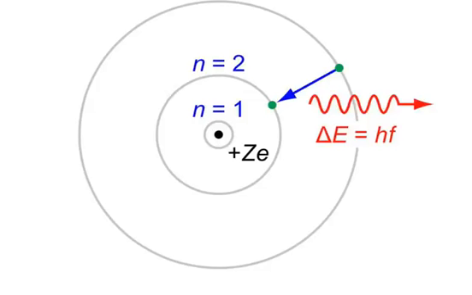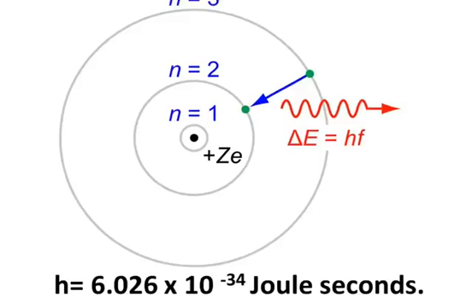Thus, Planck postulated that electromagnetic energy can be gained or lost in discrete values or quanta, not in continuous manner. The value of Planck's constant is 6.626 multiplied by 10 to the power minus 34 joule seconds.